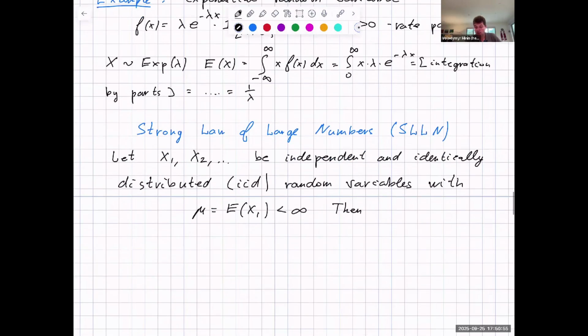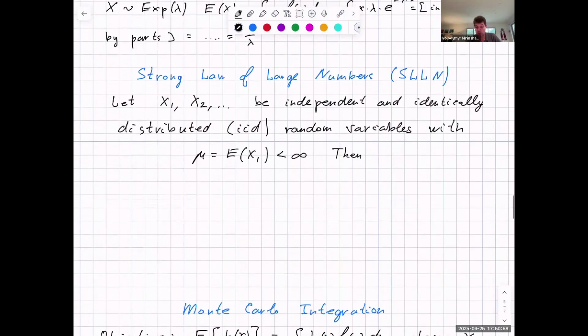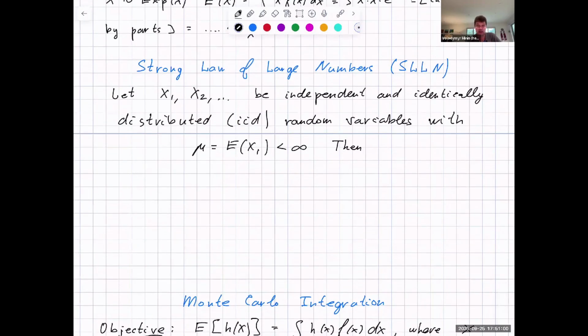Monte Carlo is really just a way to use the strong law of large numbers. There's nothing more to it. If I have a potentially infinite collection of random variables which are independent and identically distributed with finite expectation, then the law of large numbers says that if I take the empirical average, the arithmetic average of these random variables, and send n to infinity, this limit will be my mu, my theoretical expectation.